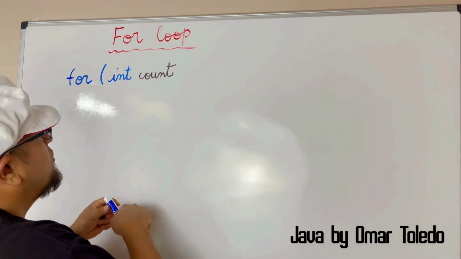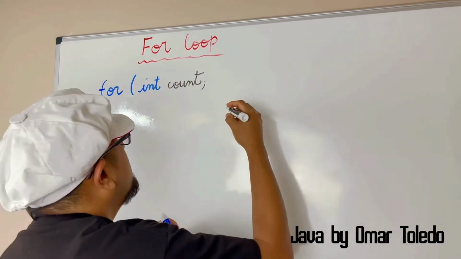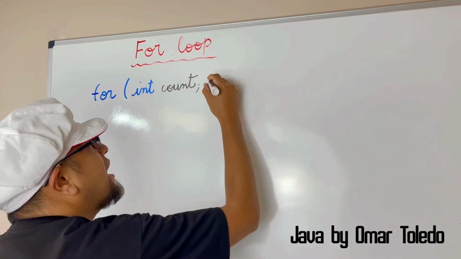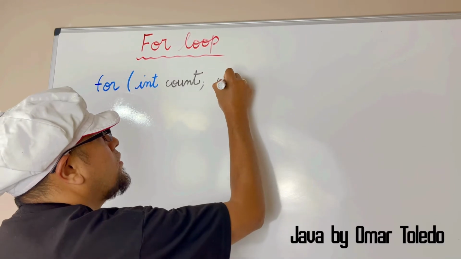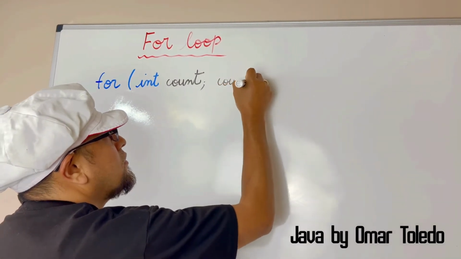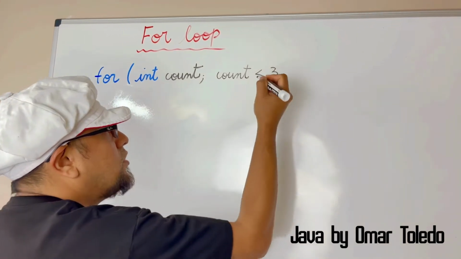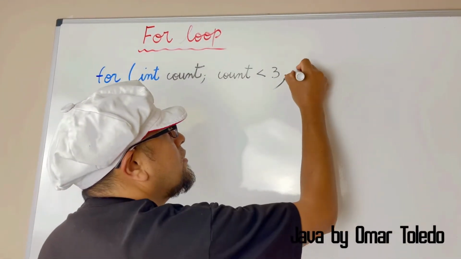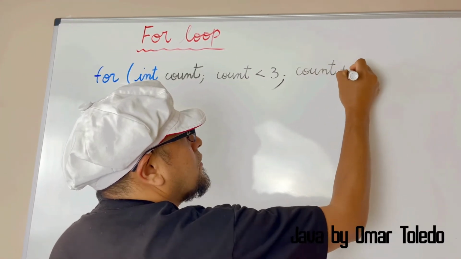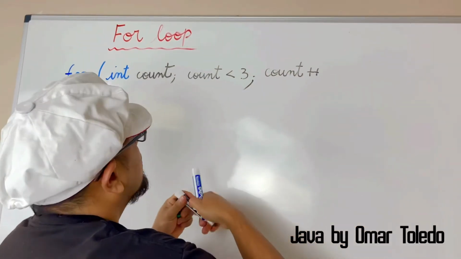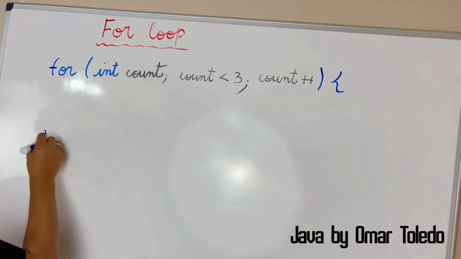And then there is another part of the loop that I'm going to explain. You're going to write an expression that you're going to evaluate in this loop, for example count less than 3. Then semicolon, and then you're going to write something like this. Okay, close the parentheses. Let me add curly braces.